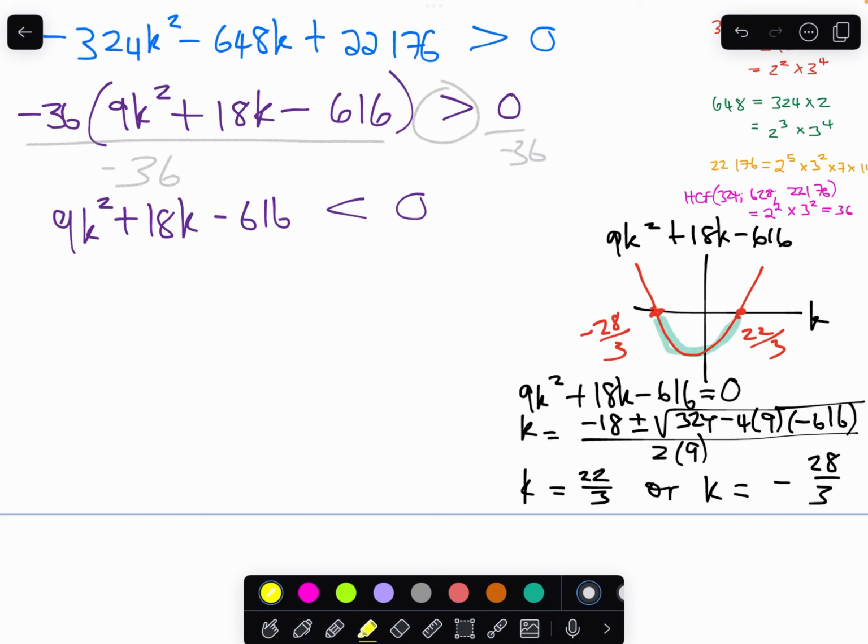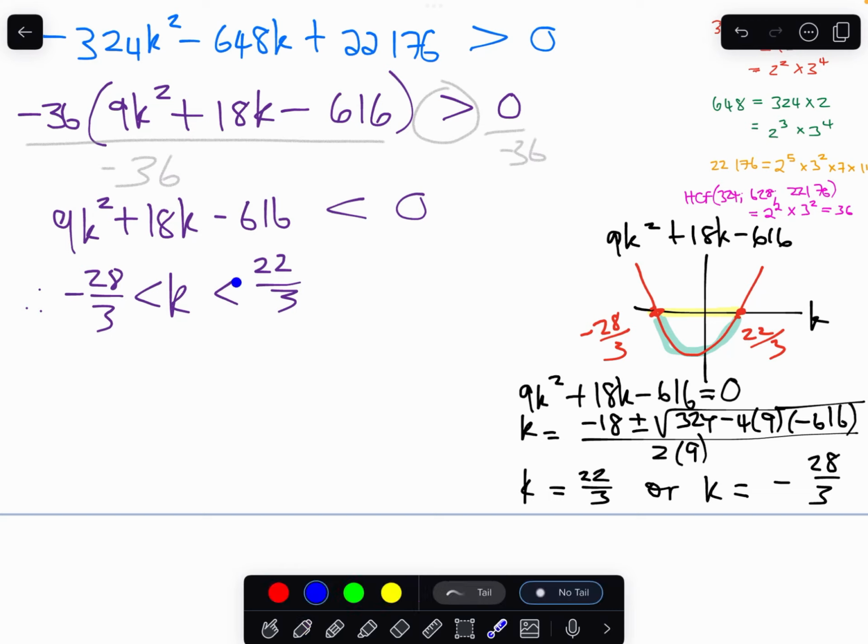So this is occurring when k is between negative 28 over 3 and 22 over 3. Remember we're not including the boundaries, because when k is equal to these, the expression is equal to 0 exactly. We're looking for places where it's strictly smaller than 0. And this is the answer that we got before.